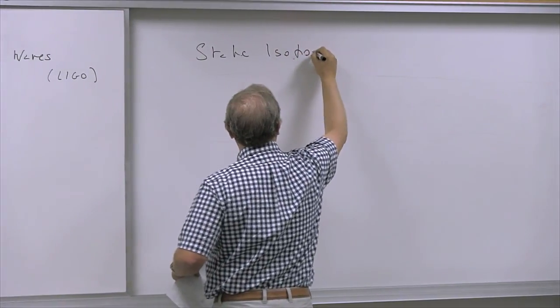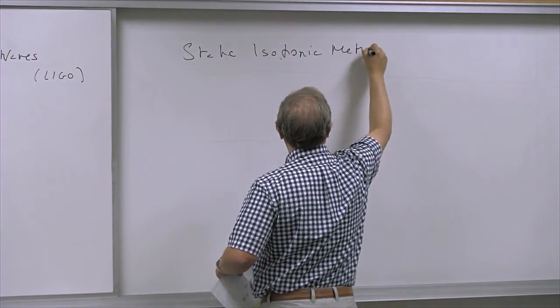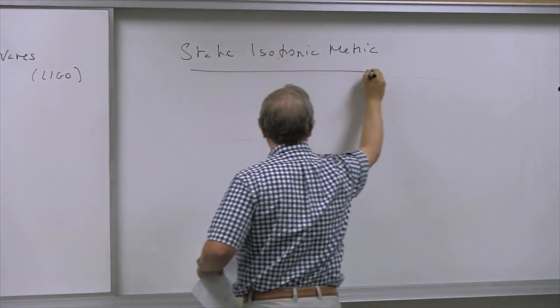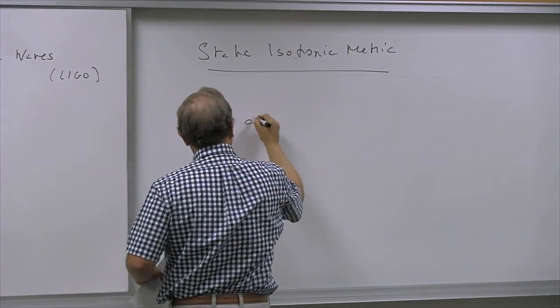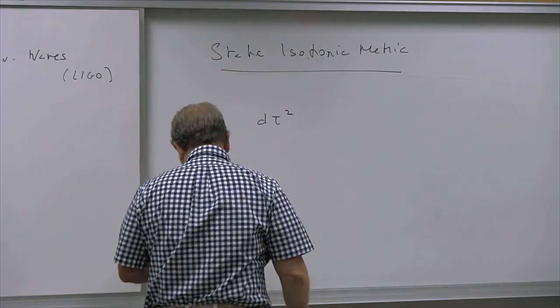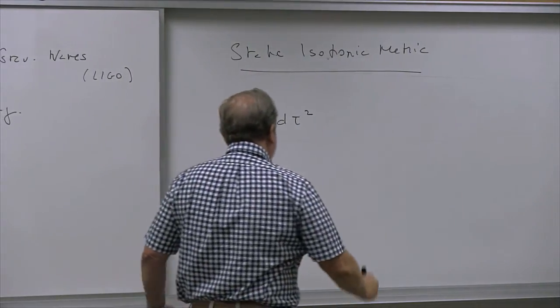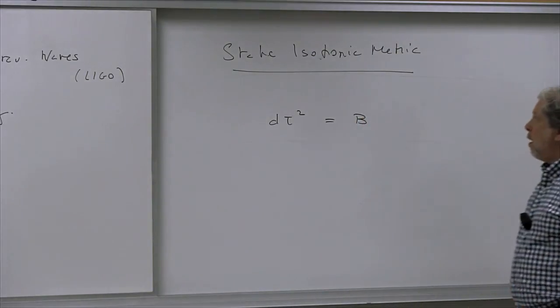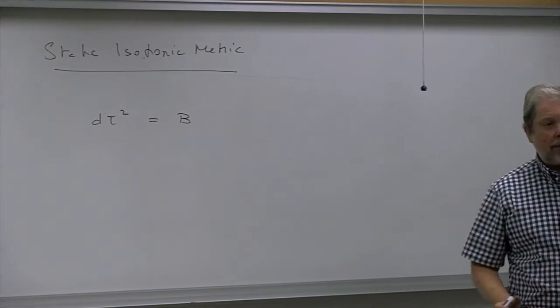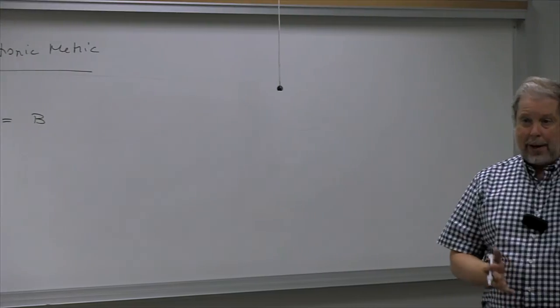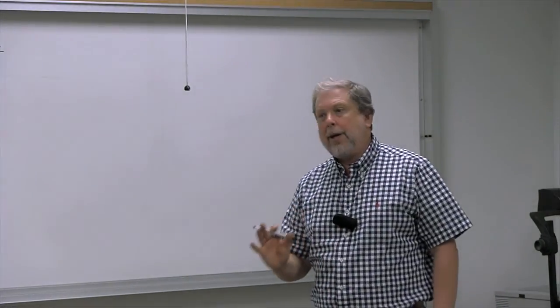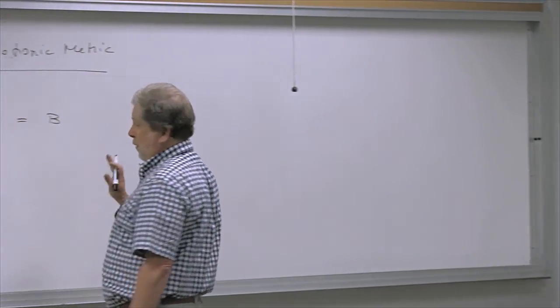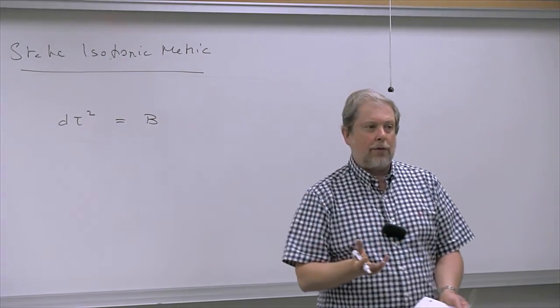the static isotropic metric can eventually be brought into a kind of standard form, which is that d tau squared is equal to some function B. And because it is static, everything is going to depend only on r and not on t, so there's no time dependence. And the question is whether, of course, this is a solution of the field equations.